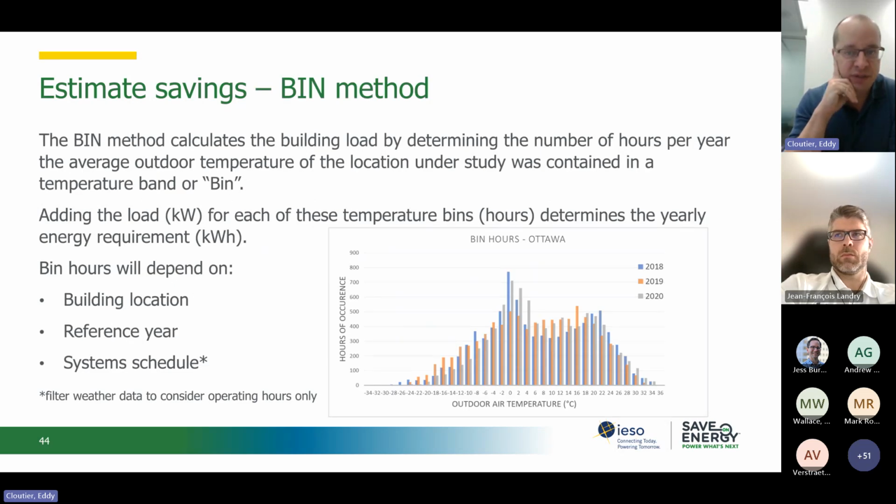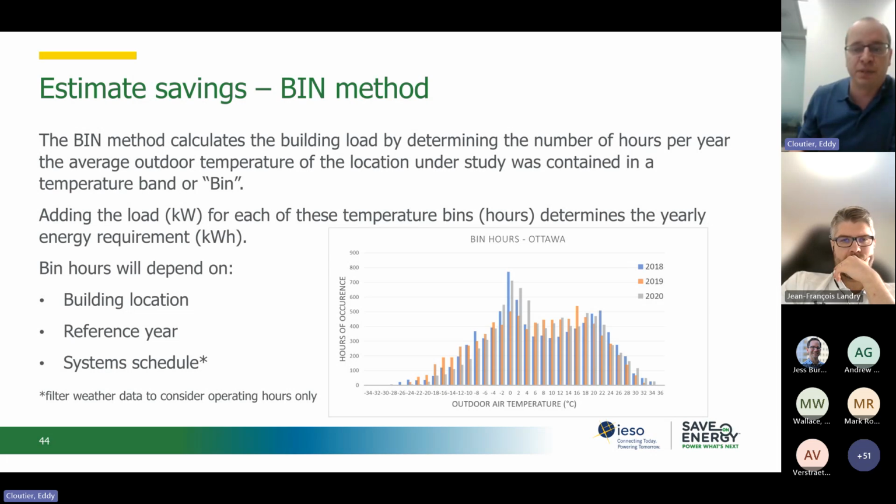The first one, the bin method, is often used in existing building commissioning for systems that affect the heating and air conditioning of the building. In that case, the energy saving will strongly depend on the outside temperature and their energy consumption, of course.